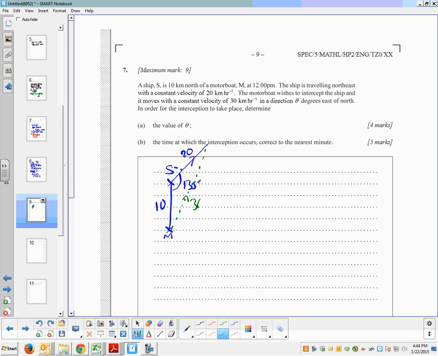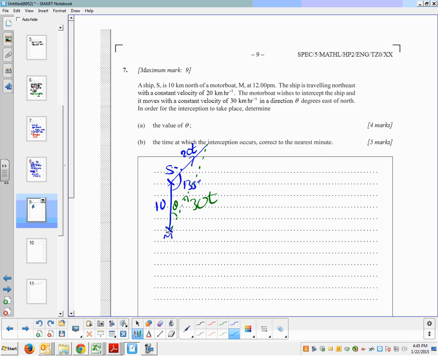And it's moving at 30 kilometers an hour, in a direction theta degrees east of north. In order for the interception to take place, determine the value of theta and the time at which the interception occurs. Okay, so I'm going to call these sides of the triangle 30t and 20t.